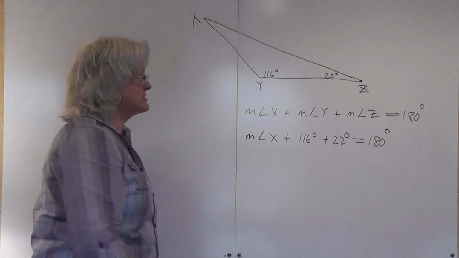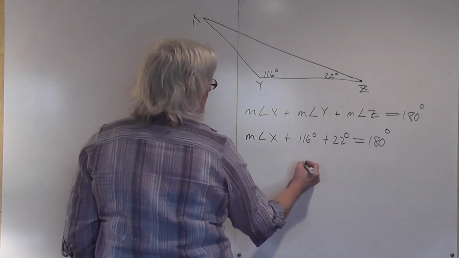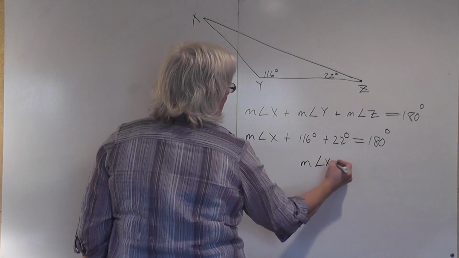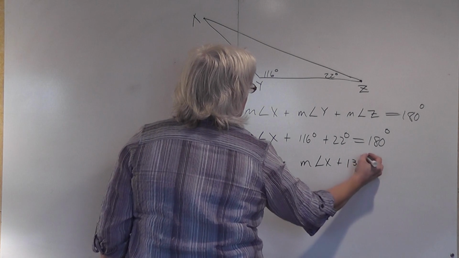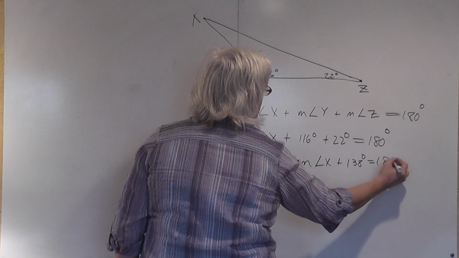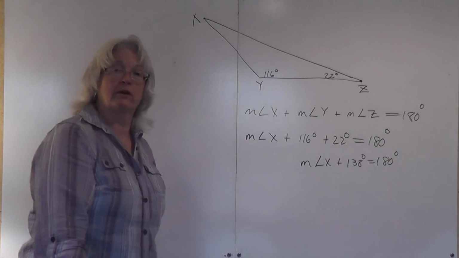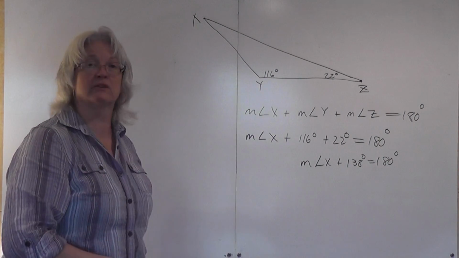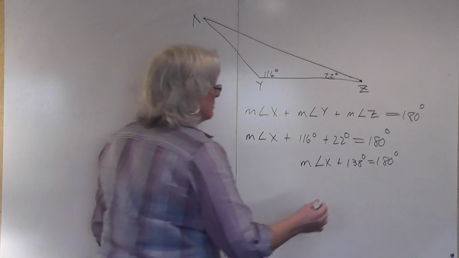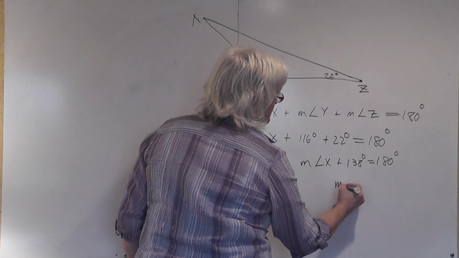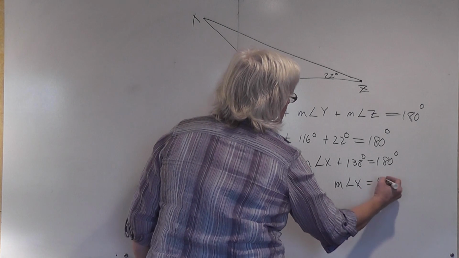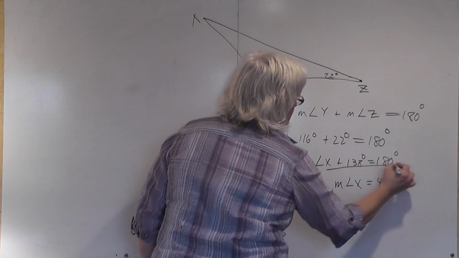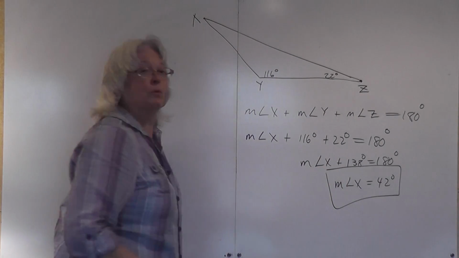Now it's just simple basic pre-algebra. The measure of angle x plus 138 degrees is equal to 180 degrees. When we subtract 138 from both sides of the equation, we have that the measure of angle x is equal to 42 degrees.